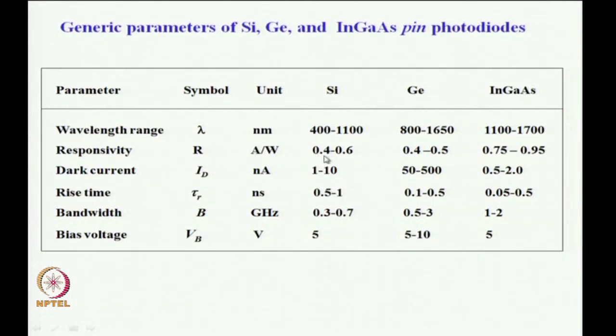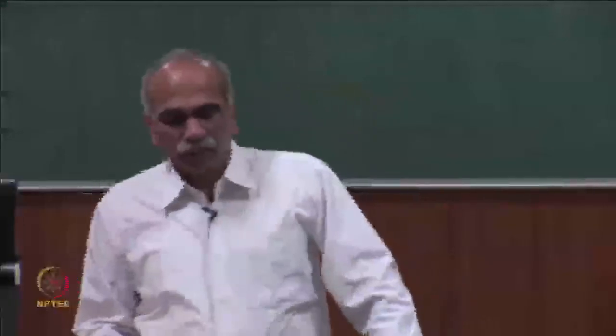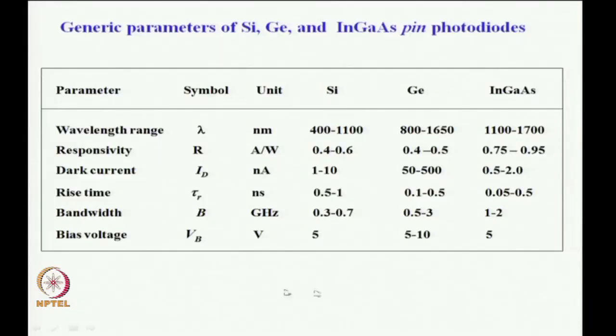Typical numbers are 0.4 to 0.6, 0.4 to 0.5 and 0.75 to 0.95. The responsivity is quite high. Dark current here in nanoamperes is 1 to 10, 50 to 500 and 0.5 to 2, typical dark current for these detectors. Of course, it depends on the material, the process and the device structure, but these are some typical generic parameters.